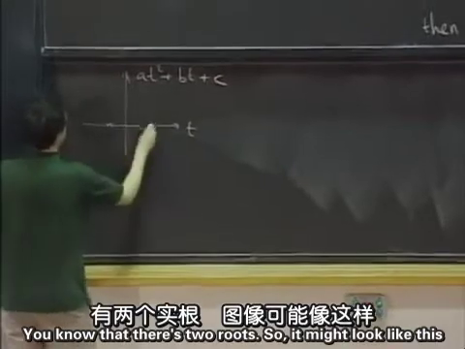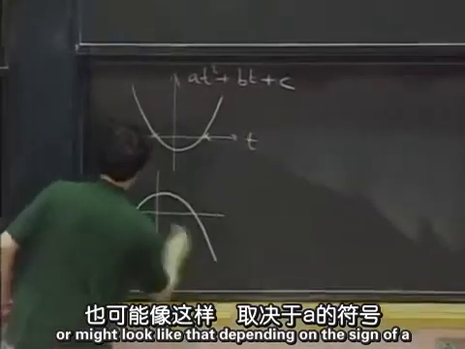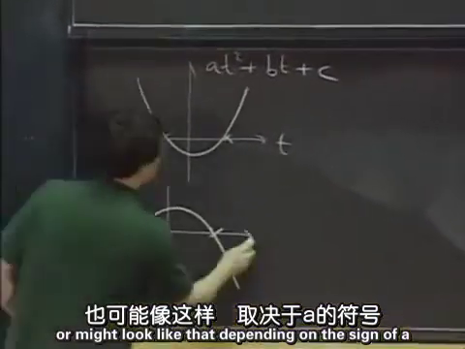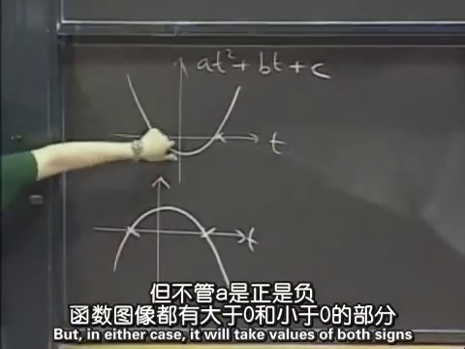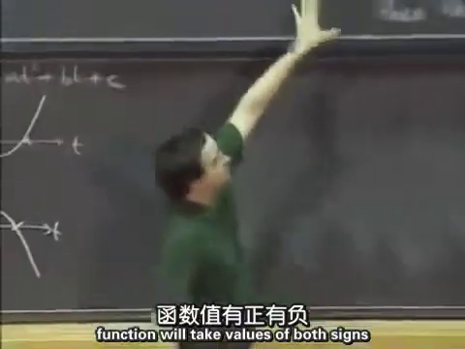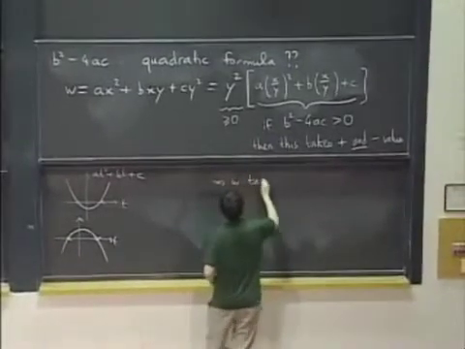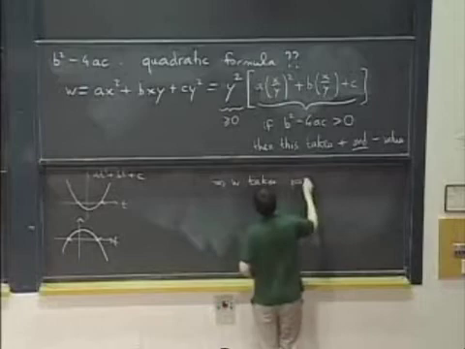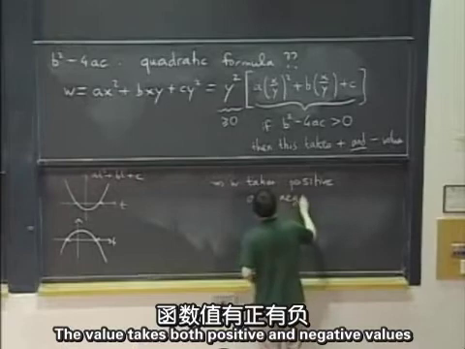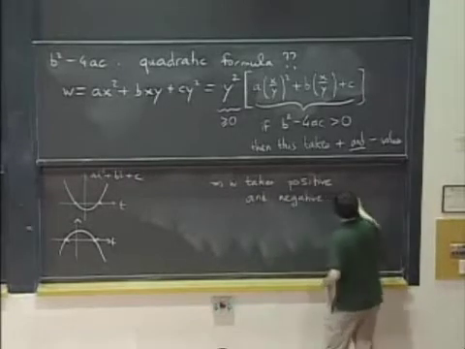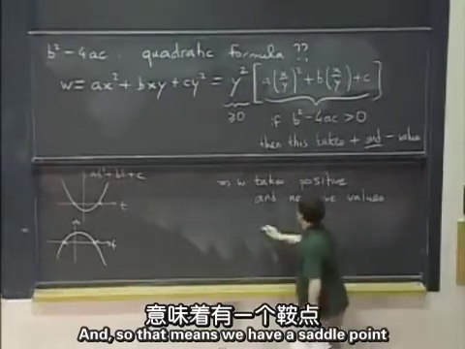You know that there's two roots, so it might look like this, or it might look like that, depending on the sign of a. But in either case, it will take values of both signs. So that means that your function W takes both positive and negative values. And so that means we have a saddle point.